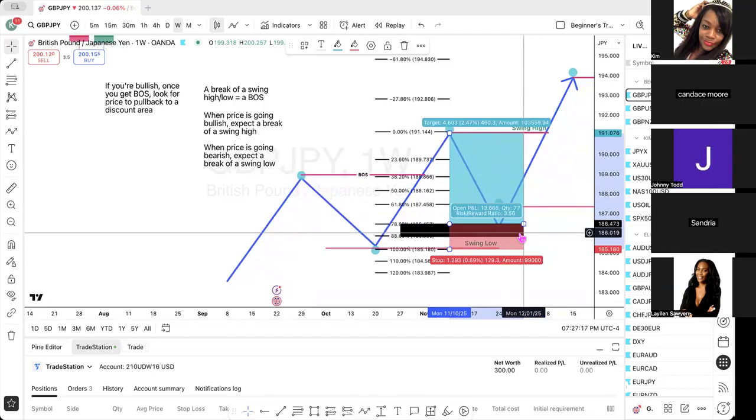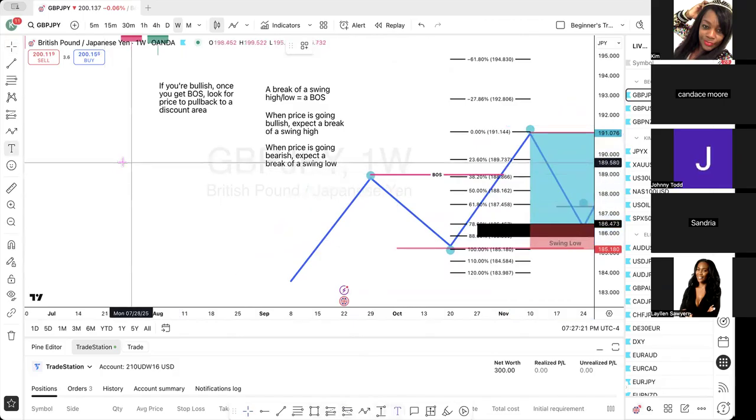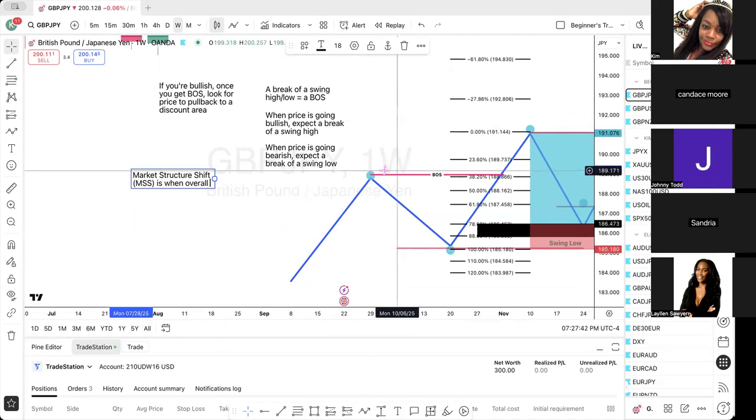Now, what is a market structure shift? A market structure shift, or MSS as you'll see me put it, is when the overall price, so like the overall move is bullish, right? This is the overall move.